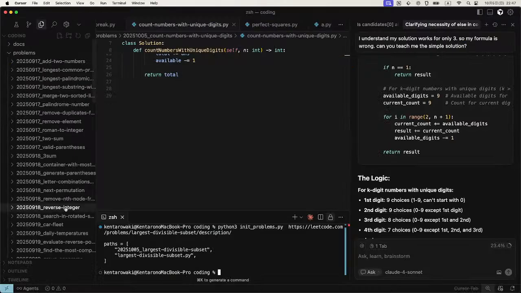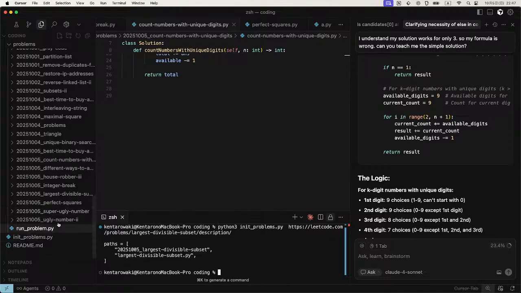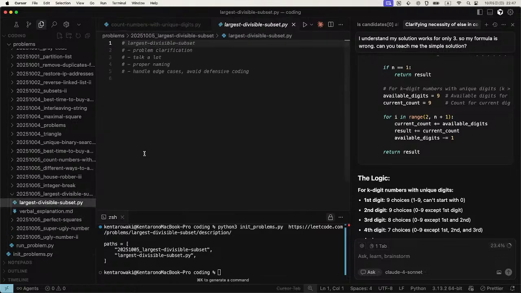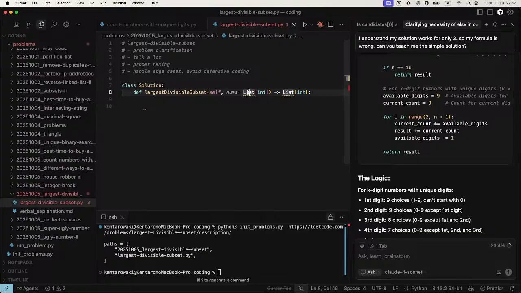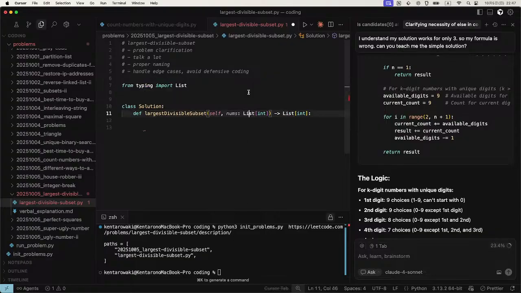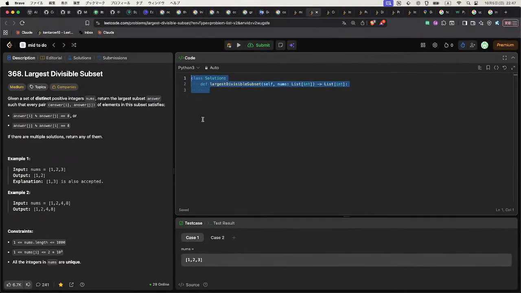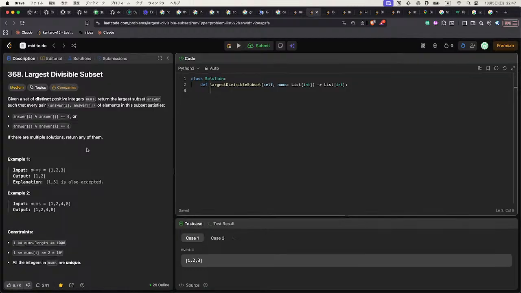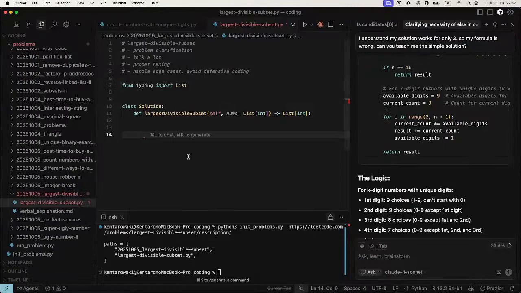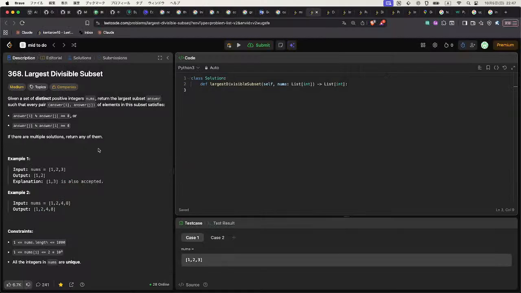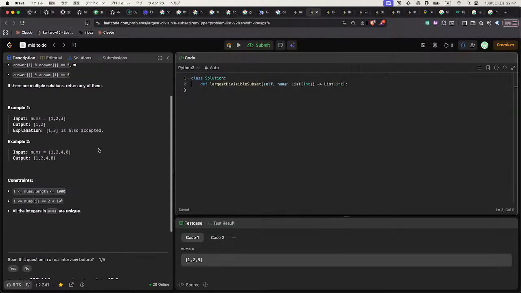So let's create our file and define largest divisible subset. Importing the list type, and we take nums, which is a list of integers. Let me see the constraints.